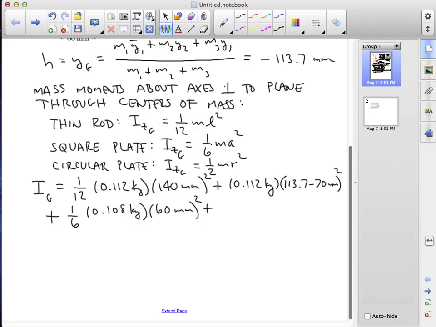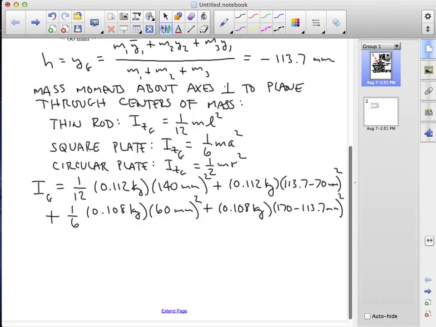And the parallel axis offset again is 0.108 kilograms times the distance between axes, 170 minus 113.7 millimeters squared.